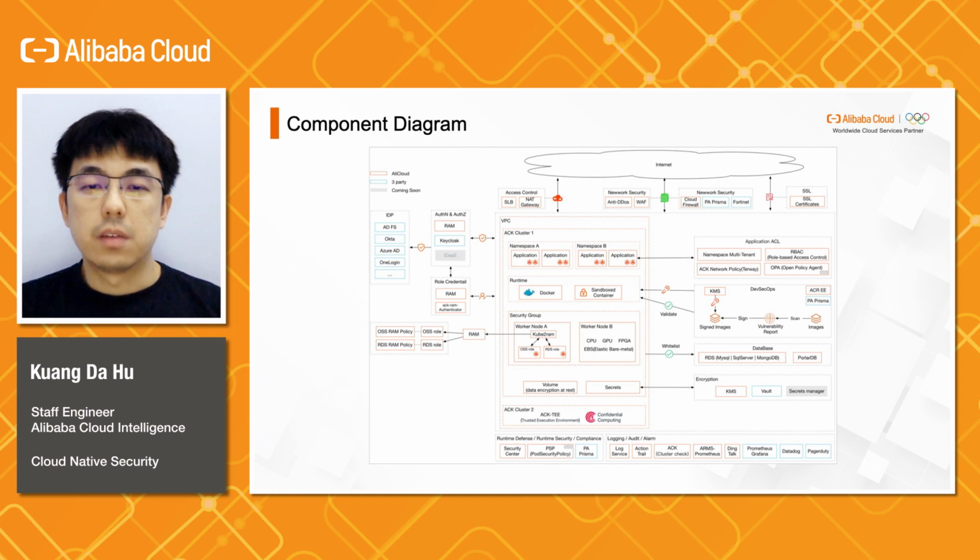This page is the component diagram of our security framework. We have access control, network security, and SSL certificate service in our infrastructure platform, and we integrated RAM and a third-party SSO solution for authentication. And there is a whole fine-grained RBAC authorization access control framework.